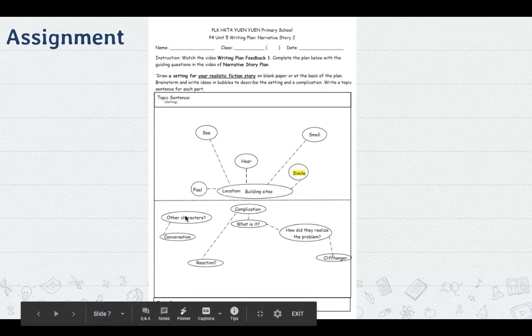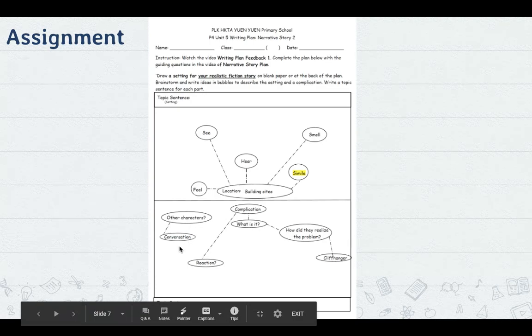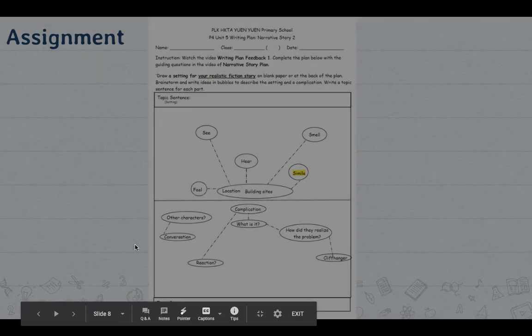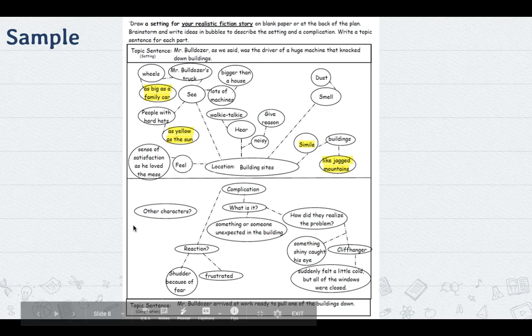If you can think of or if you want to involve other characters in your story, you can draw a line to link them up together and then continue with your ideas down here. But in our sample, because the sample writing, we don't have any conversation or dialogues in our sample writing, then we do not need to write anything here. Okay, you can just leave it blank.